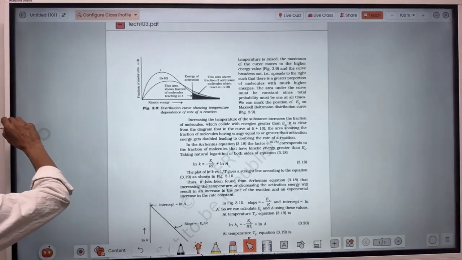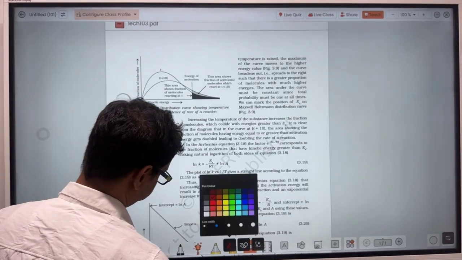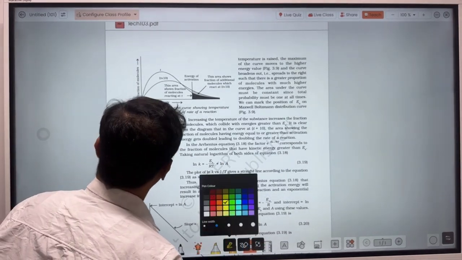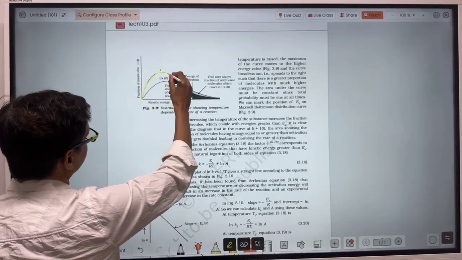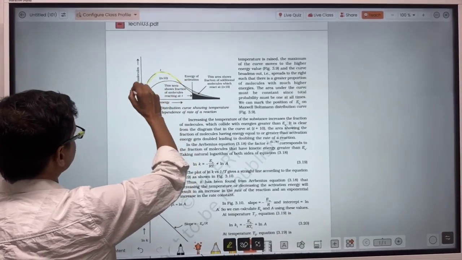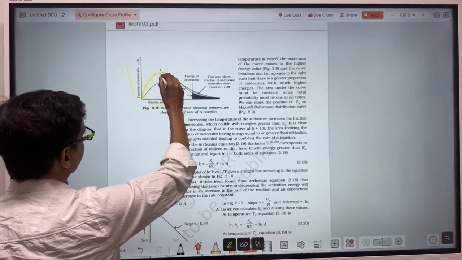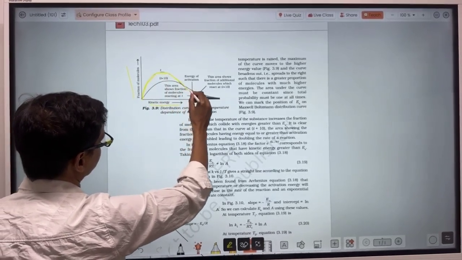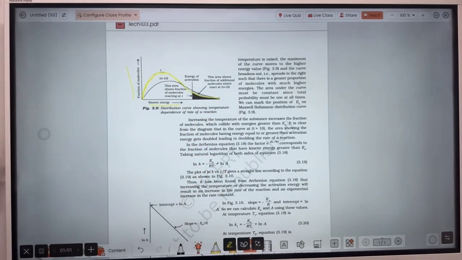Let's see about this graph. Here, this is the graph of fraction of molecules on this side and kinetic energy on this side. So this is the graph of reactant molecules.